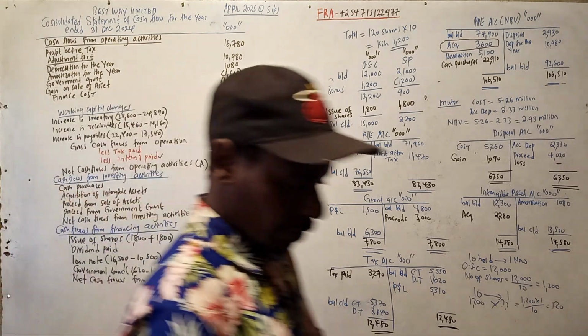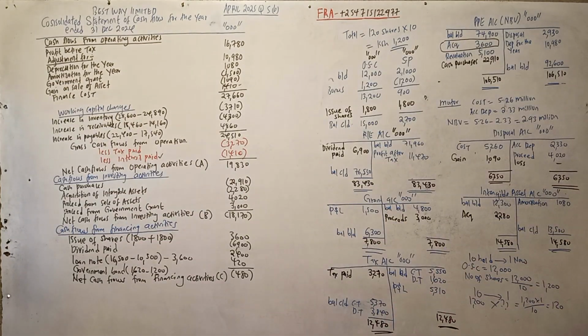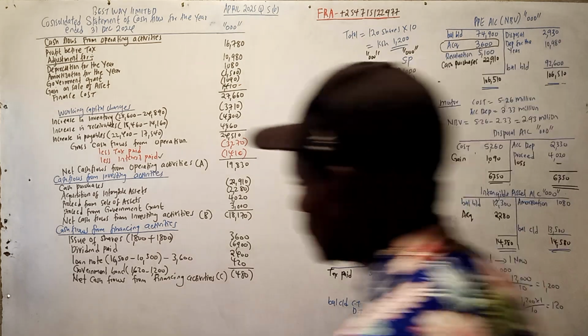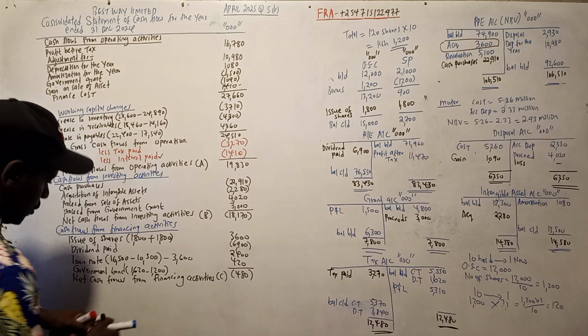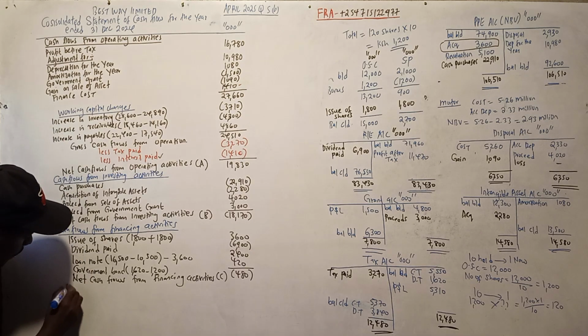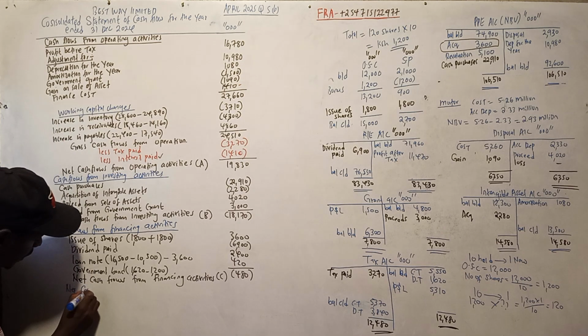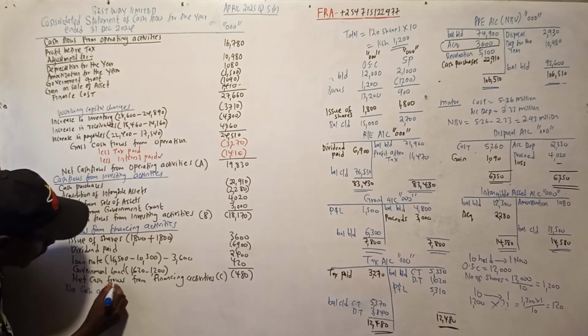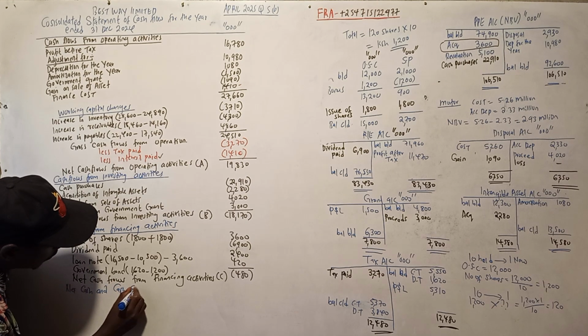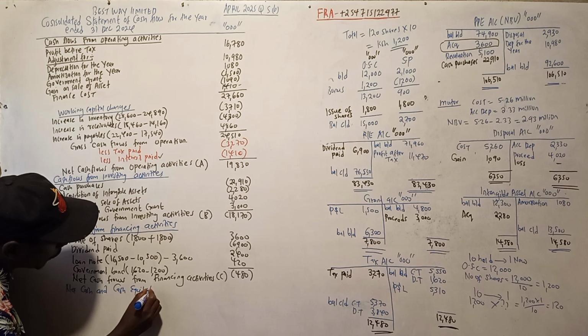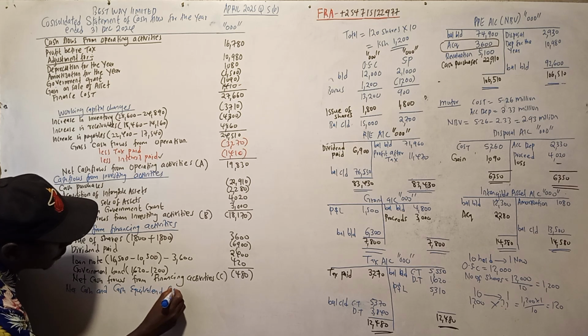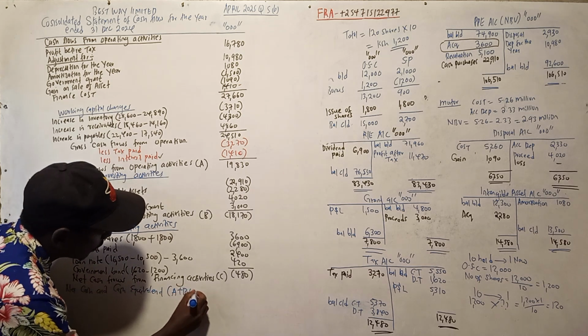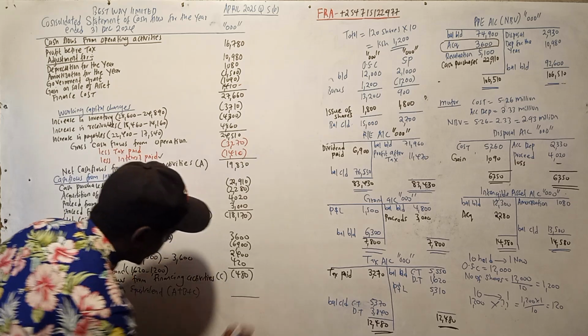So up to that point, I think we are good. Then after that point, now we can get the net cash and cash equivalent. That is A plus B plus C. You get it there.